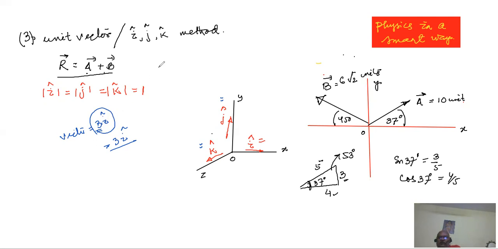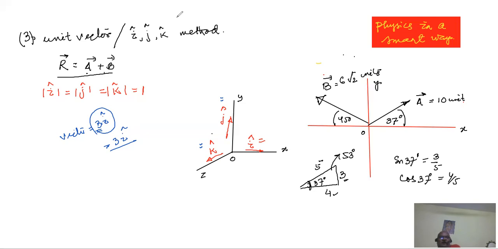If my question deals with forces, then I cap is a force of 1 Newton along positive x-axis. If I am dealing with velocity whose unit is normally meter per second, then j cap will be a velocity of magnitude 1 meter per second, and that is along positive y-axis. Okay, so thereby anything multiplied with I cap, j cap, k cap, but you must not multiply two things simultaneously.